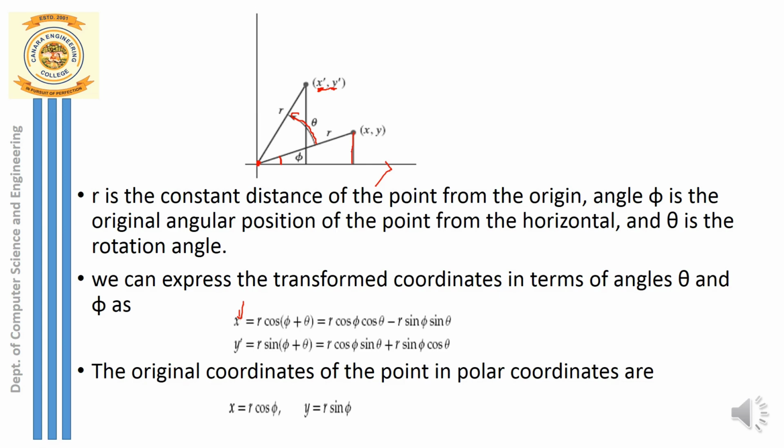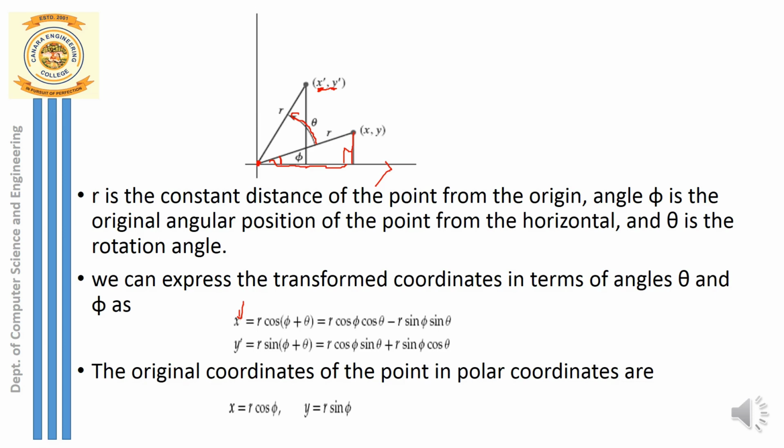Now if I have to calculate the length of this adjacent side, with the help of the hypotenuse whose length is r, and with the help of the angle phi with respect to the x axis, with the help of an angle and the hypotenuse length, can I compute the adjacent side of this right angle triangle? Definitely yes. The adjacent side of the right angle triangle I can calculate with the help of cosine of angle phi.